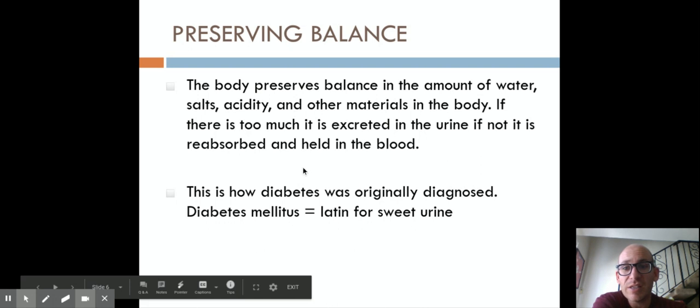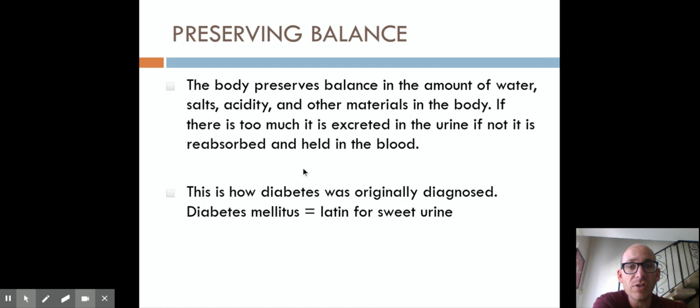So if we're going to read this, the body preserves balance in the amount of water, salts, acidity, and other materials. If there's too much excreted in the urine, that means it's not being reabsorbed. Okay, so if we're peeing out a lot of sugar, that means that I have loads of sugar in the bloodstream and I don't need to hold on to it. So we can get rid of sugar in the urine.